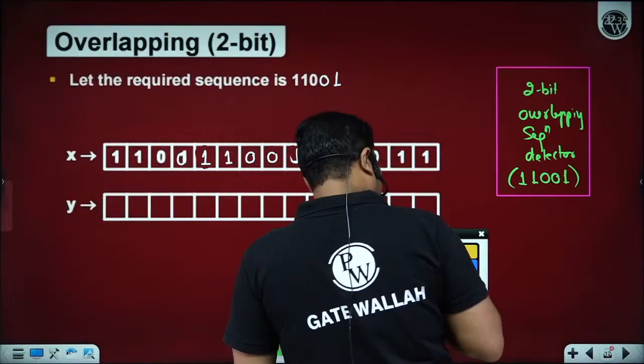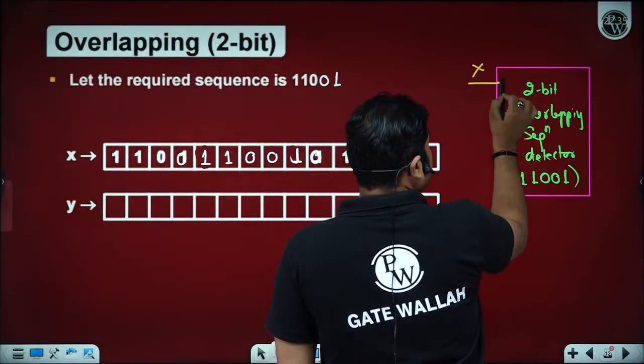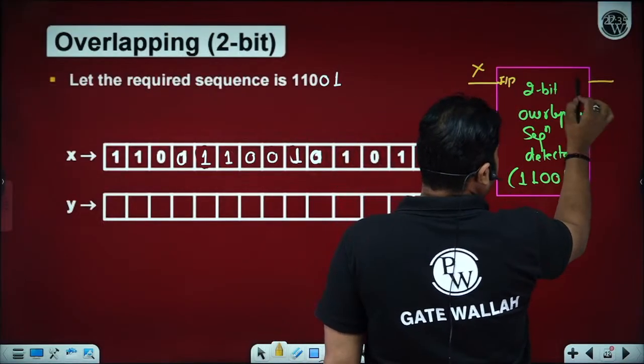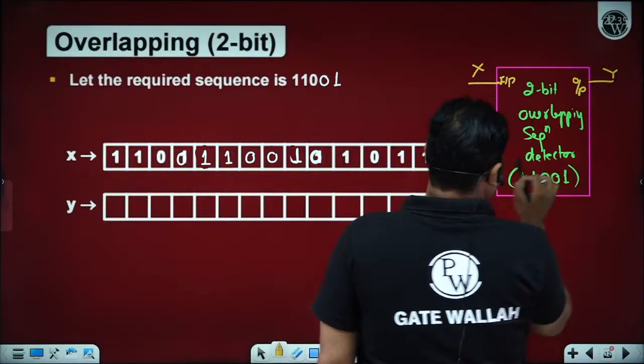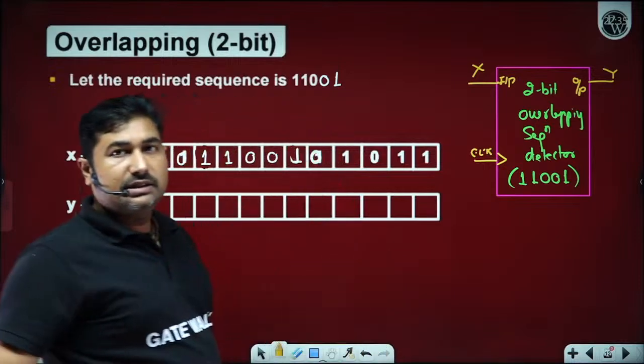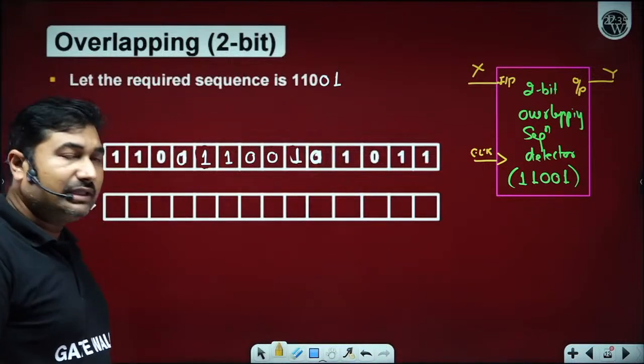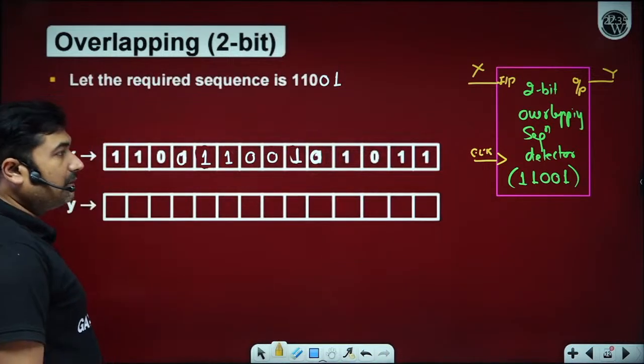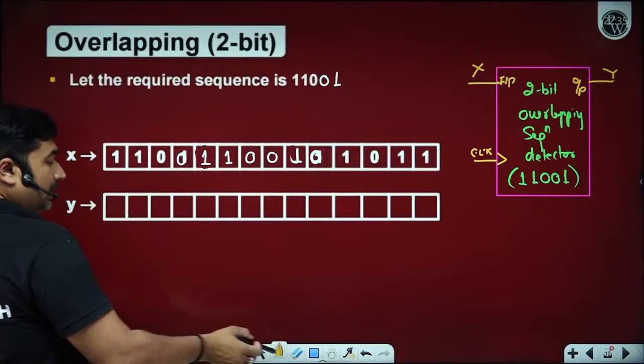We are getting the input X onto the input port. Your output port will become high in a clocked synchronous sequential circuit only when the input sequence 11001 got detected.